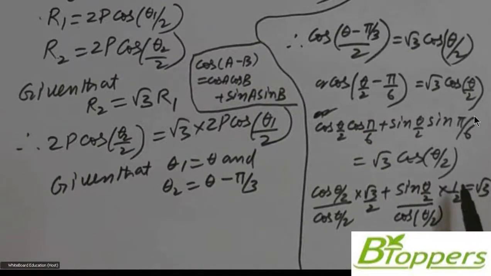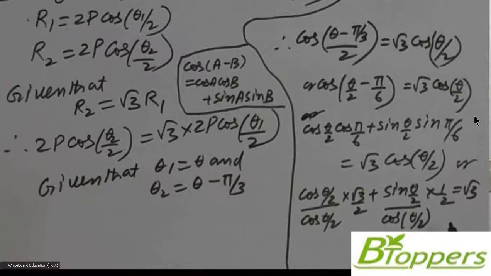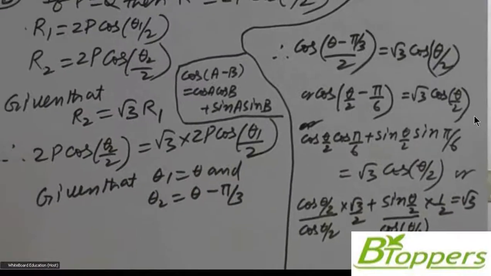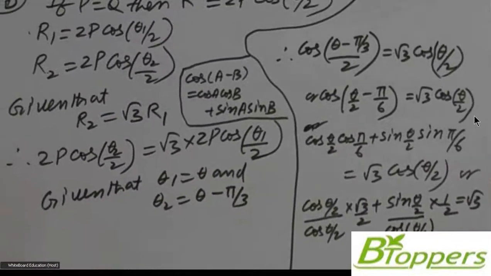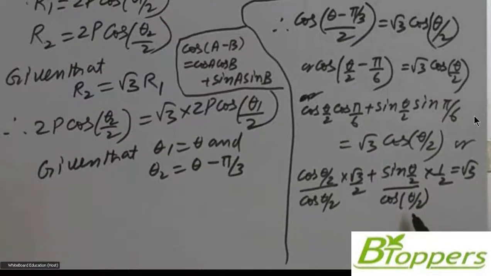The right side you get root 3. This will get cancelled. You can simplify this yourself. You will get sin theta by 2 divided by cos theta by 2 as tan theta by 2.